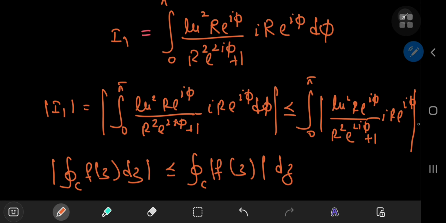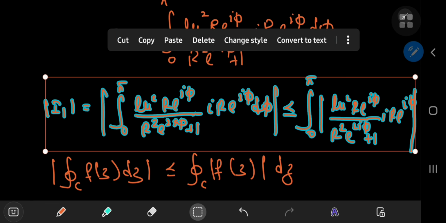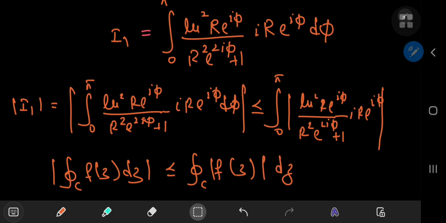So a d phi outside here. Let me just rearrange this or shift it somewhere. Much better, because I want this to be completely visible. So d phi outside. Okay, and now what?